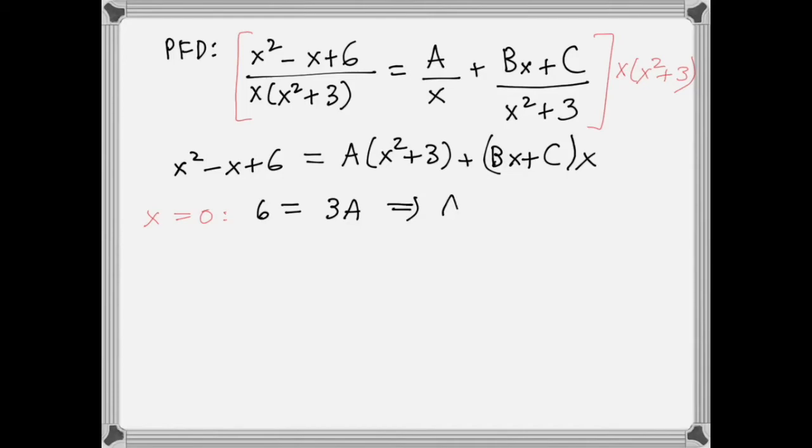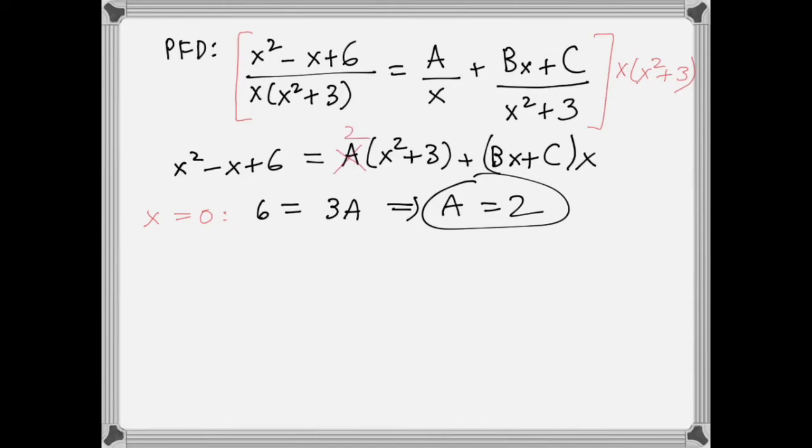And that means that a is 2. So this is good. Unfortunately, doing the rest of this, I am going to have to use the long way here. However, since I have a equals 2, I'm going to replace this with a 2.